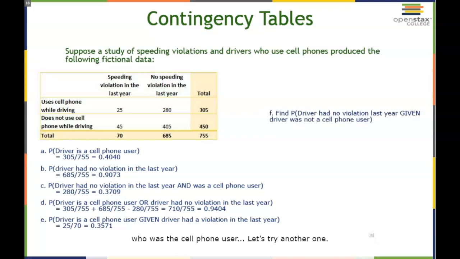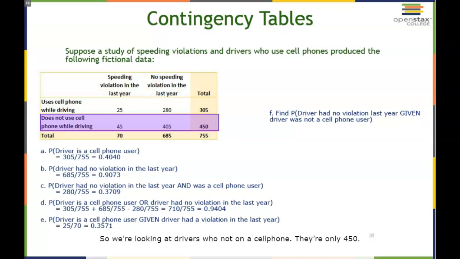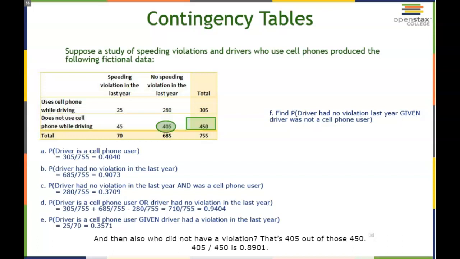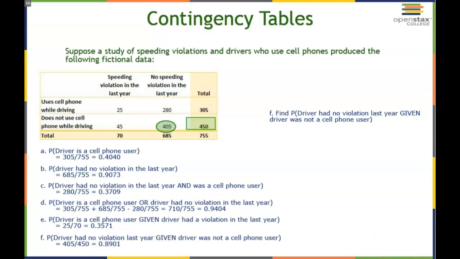Let's try another one. Drivers who had no violation last year, given the driver was not on the cell phone. So we're looking at drivers who are not on the cell phone. There were only 450. And then also who did not have a violation. That's 405 out of those 450. 405 divided by 450 is 0.8901.